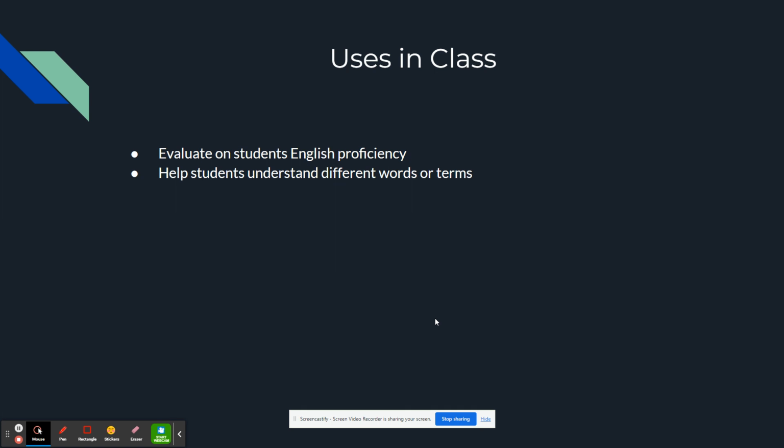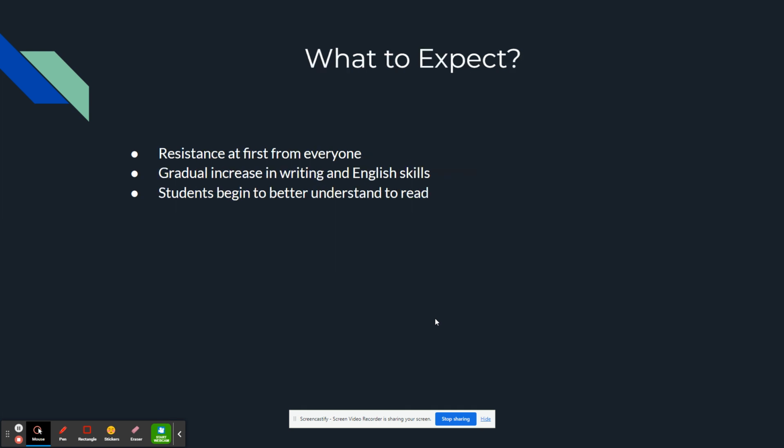And Read and Write for Google Chrome is just a useful tool to help everyone's English proficiency. When you come across different words or terms or situations where similar words or terms are used, it gives you a little bit better understanding of what exactly is being asked of them.